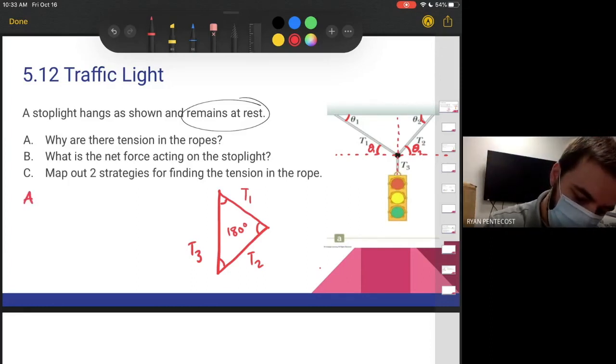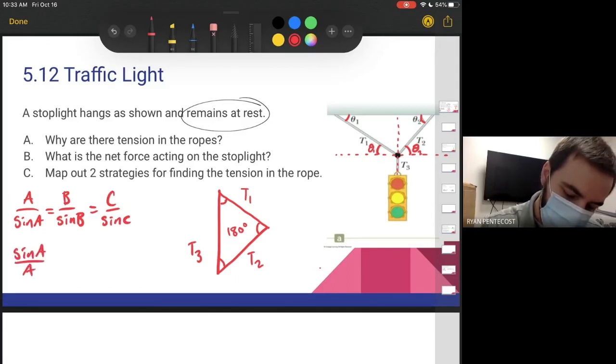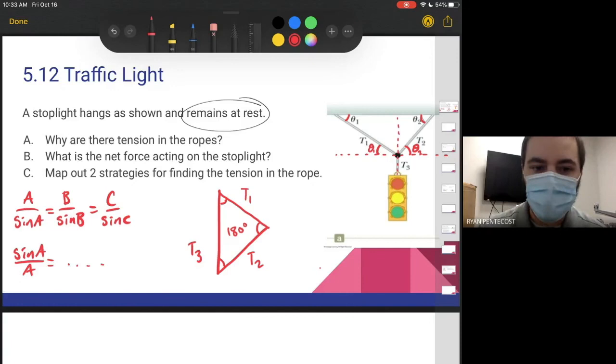There's either a over sine A equals b over sine B equals c over sine C, or if it's more convenient to have the sines on top, that is also allowed. As long as you're consistent throughout the equation, it doesn't matter because the ratio is what's important in that problem.